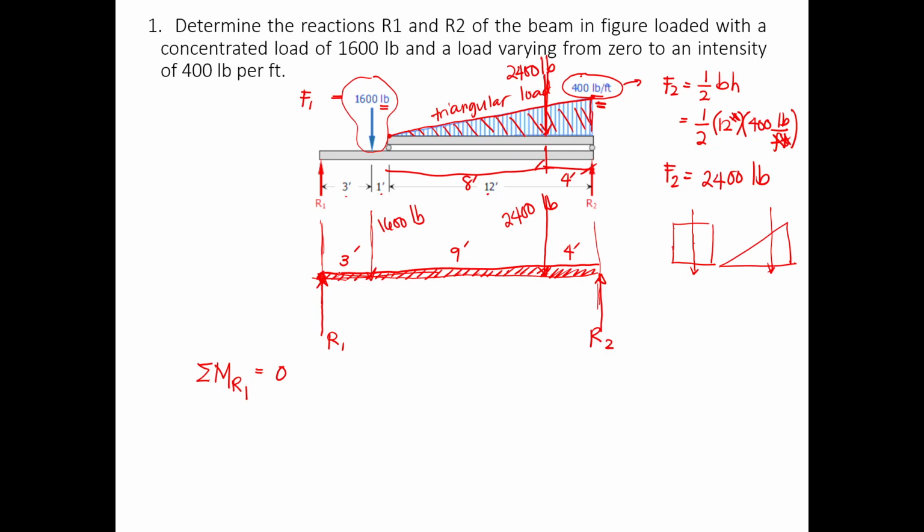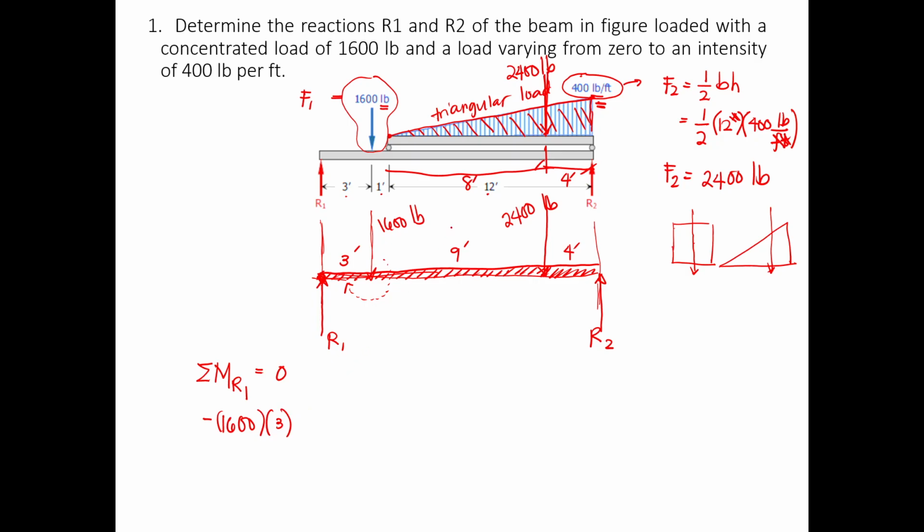The first moment created is from the 1600 load. Notice that the distance times the force 1600 will create a clockwise rotation. Clockwise rotation will be negative, so negative 1600 times 3.